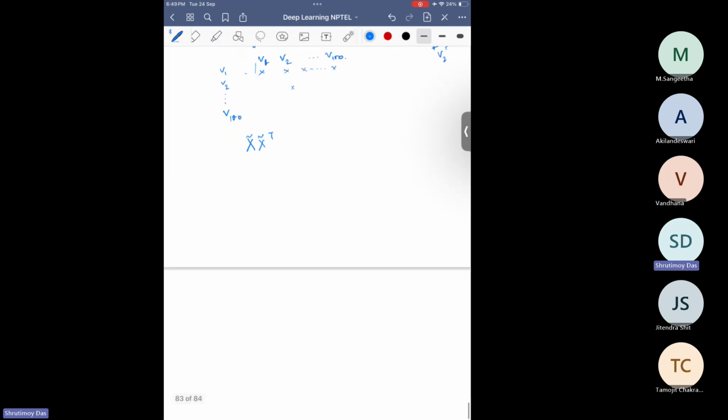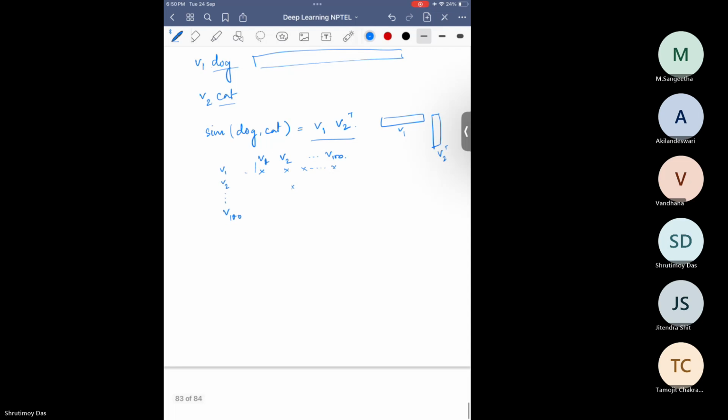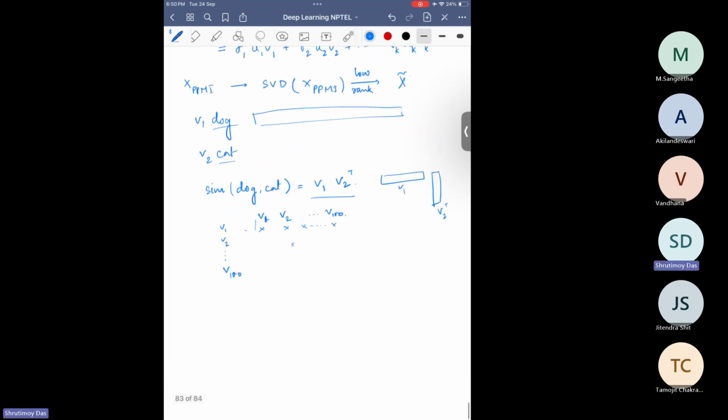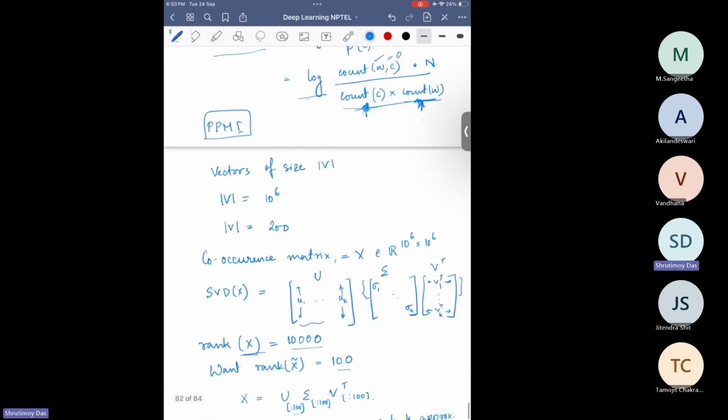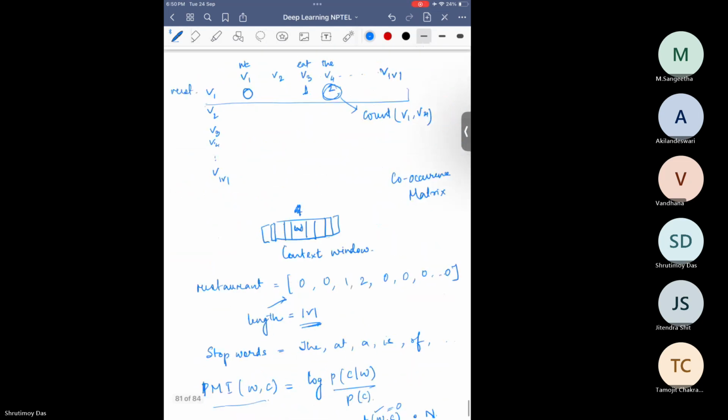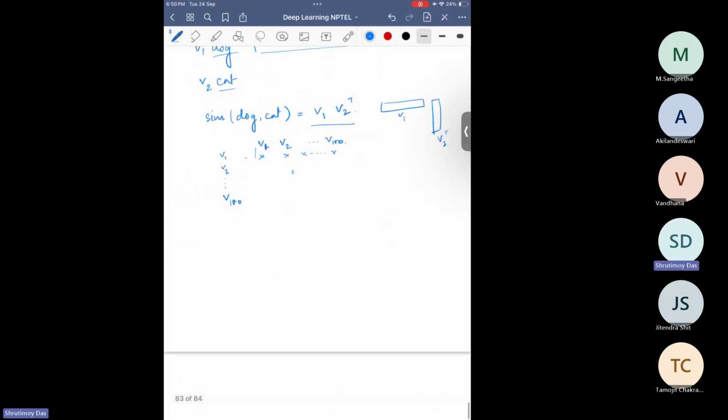So now if we look closely, if you're doing some related task, we should always understand what your data is trying to say or whatever your model is trying to say. So if I have a co-occurrence like this, it says that given some word v1 in the context of say another word v2, what is its score?